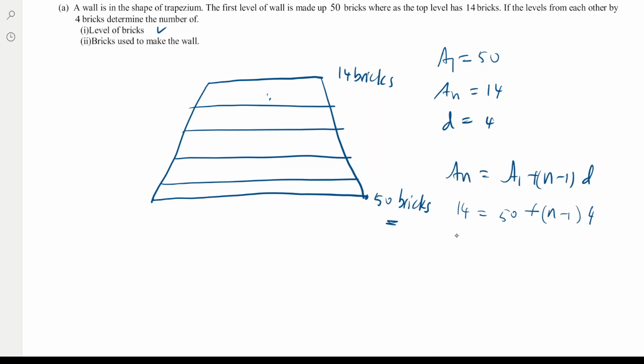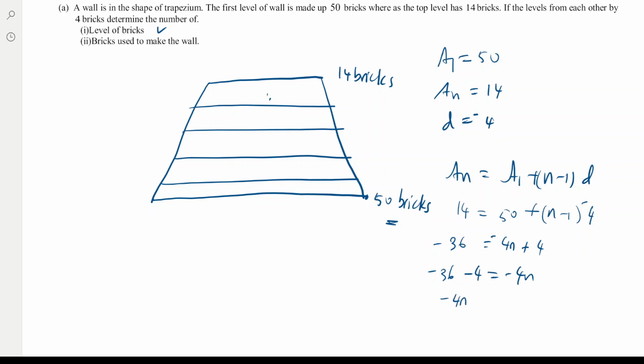So you have 14 minus 50, giving negative 36 equals 4n minus 4. The common difference is going to be negative, my apology. So you have negative 36 equals negative 4n plus 4. Now you have negative 36 minus 4 equals negative 4n.